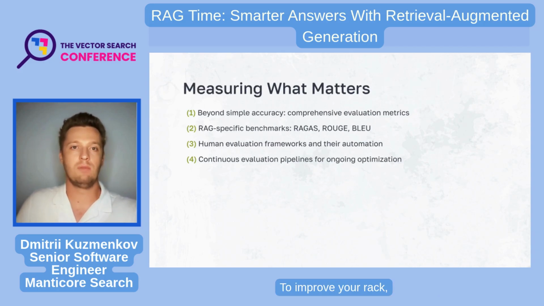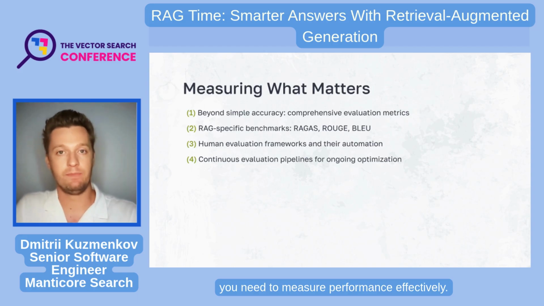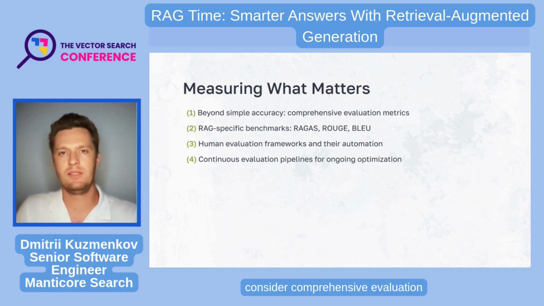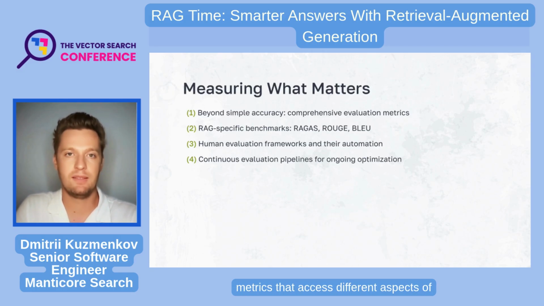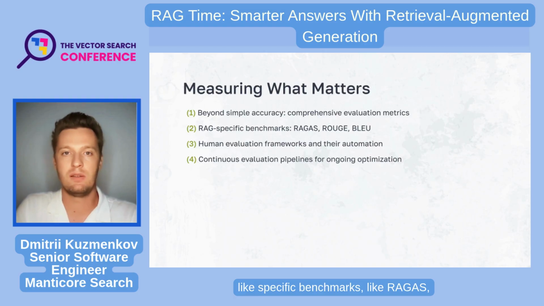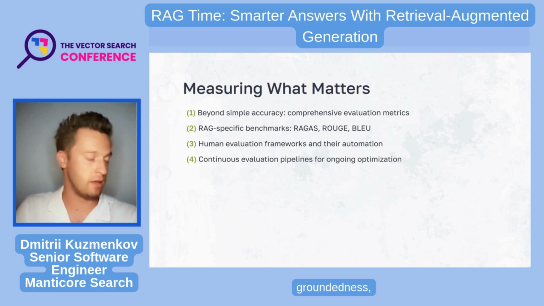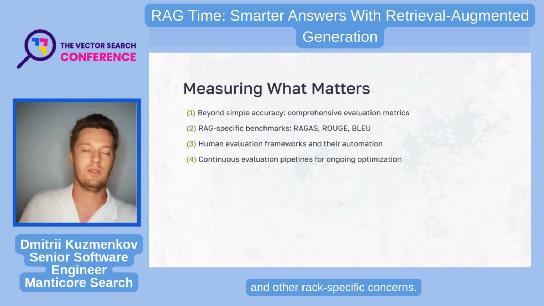To improve your RAG, you need to measure performance effectively. Beyond simple accuracy, consider comprehensive evaluation metrics that assess different aspects of response quality, like specific benchmarks like RAGAS, which evaluate retrieval quality, answer relevance, groundedness, and other specific concerns.